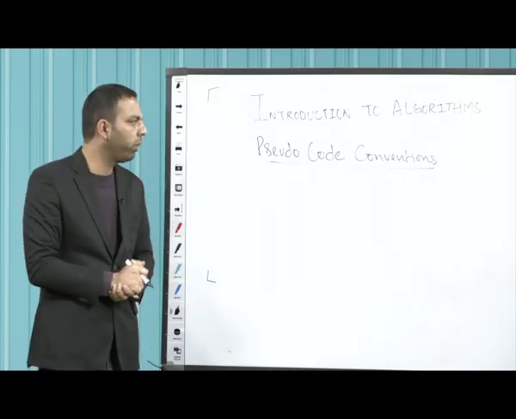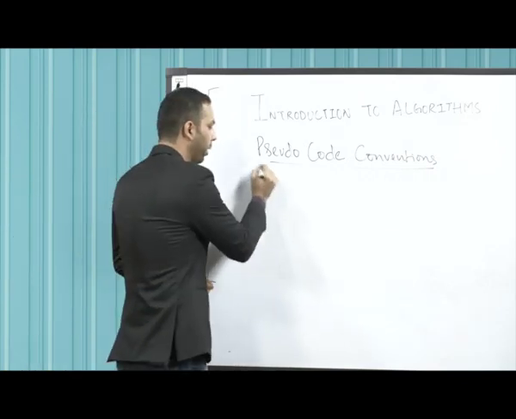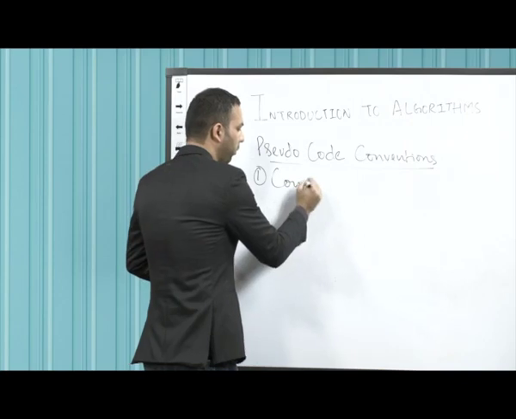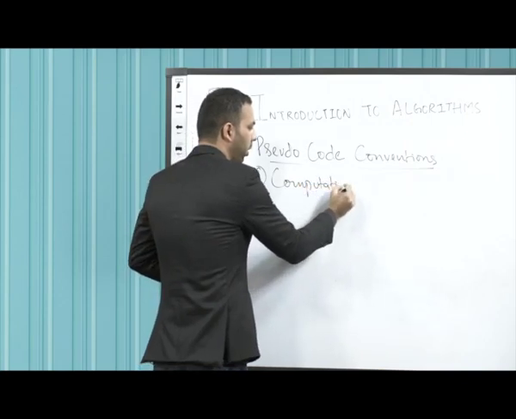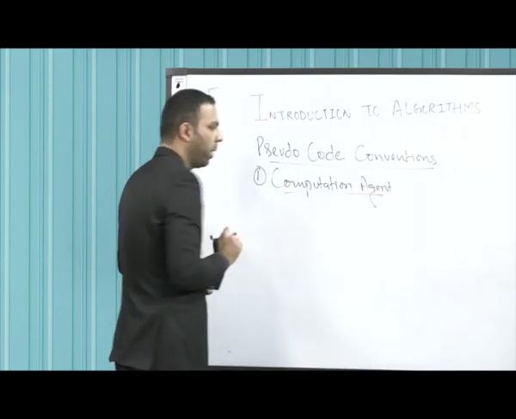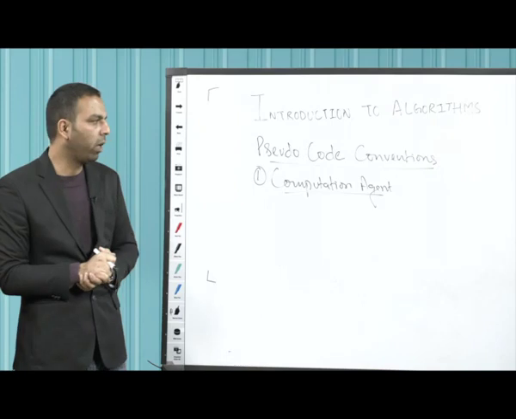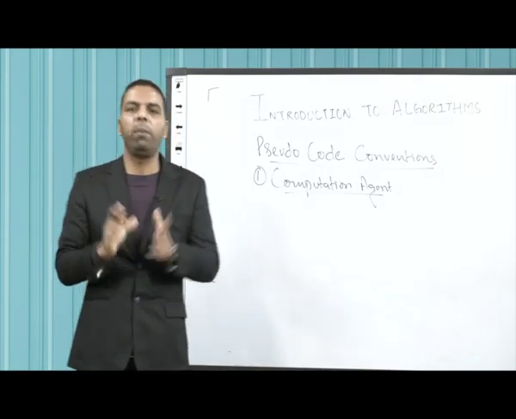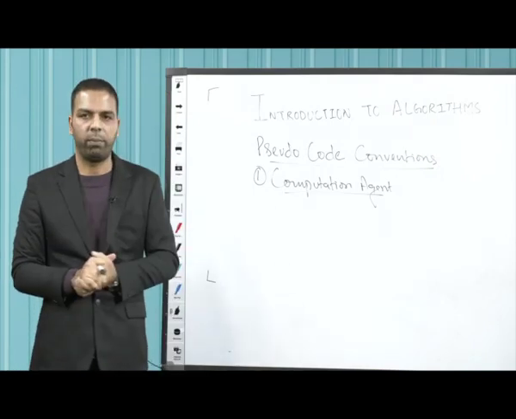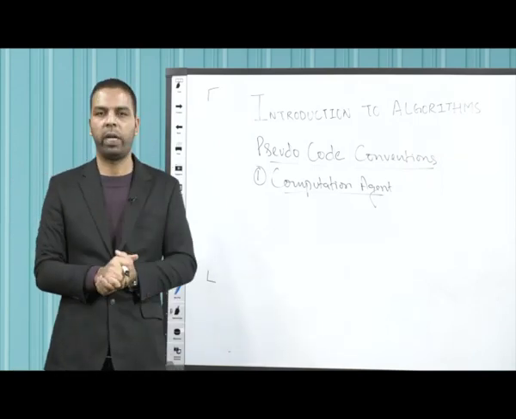So for pseudocode conventions, the first thing we have to see is your computation agent. Whenever it comes to writing an algorithm, the thing that you have to keep in your mind is your computation agent, meaning the system where your algorithm is finally going to get executed.